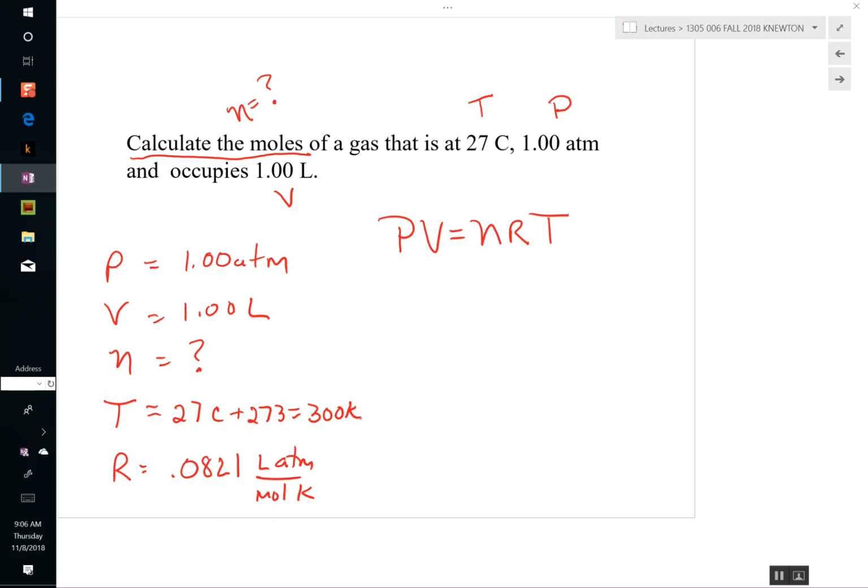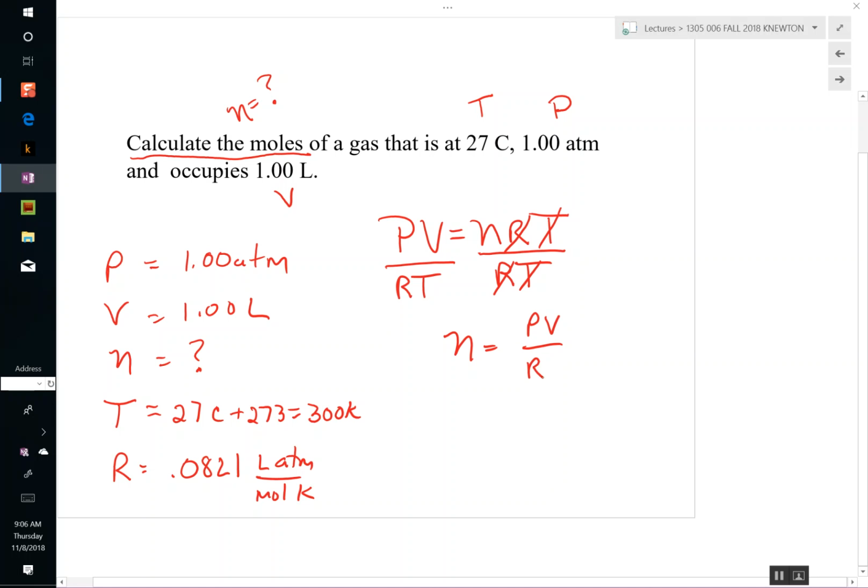So PV equals that. I get people bringing this back to me saying n equals RT over PV. I don't know how they get there, but you have to do it this way. And then plug everything in.